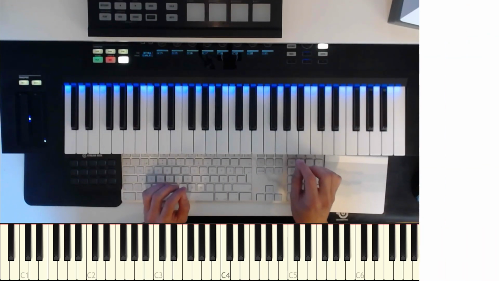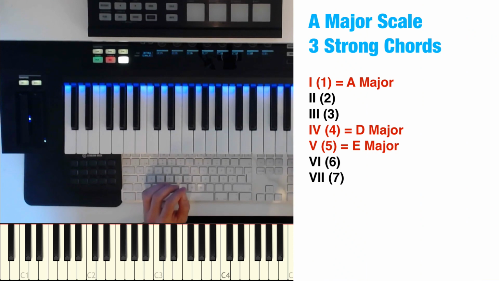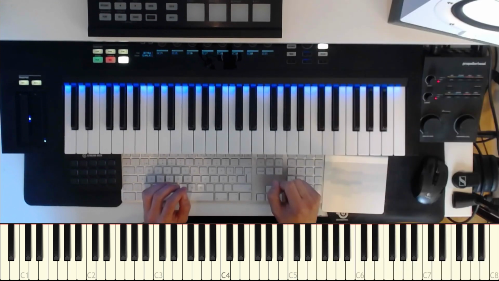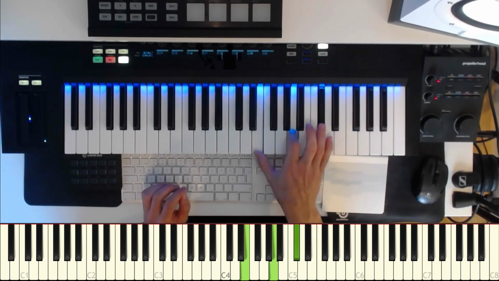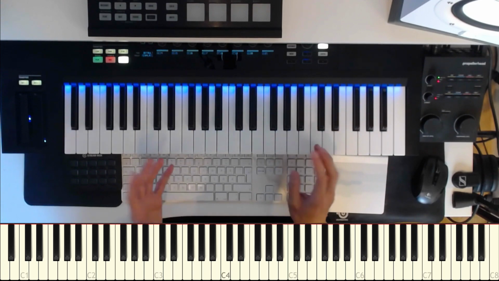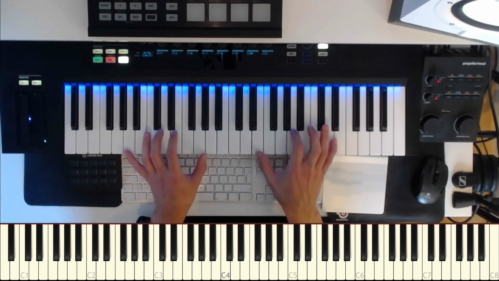Let's say you have a song in A major, then the 3 strong chords will be A major, D major and E major. Well, let's say you use some suspended variation like this and inversions, and you can create something like this.